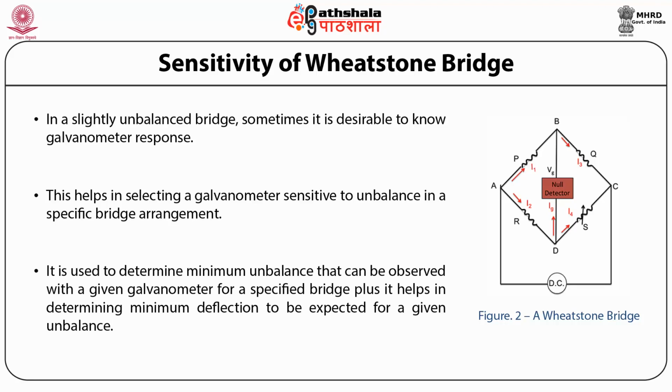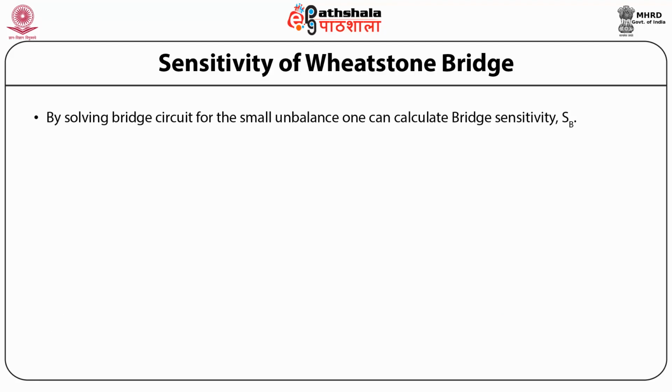It is used to determine the minimum unbalance that can be observed with a given galvanometer for a specified bridge, plus it helps in determining the minimum deflection to be expected for a given unbalance. By solving the bridge circuit for the small unbalance, one can calculate the bridge sensitivity SB.